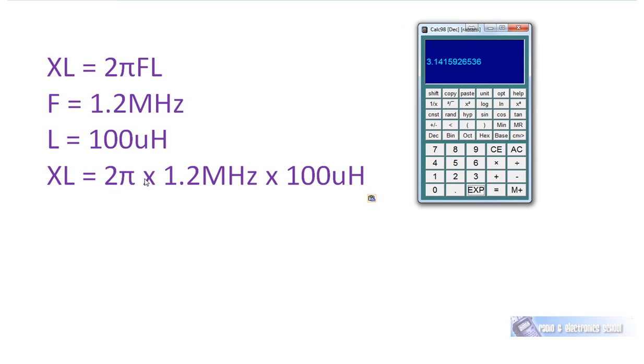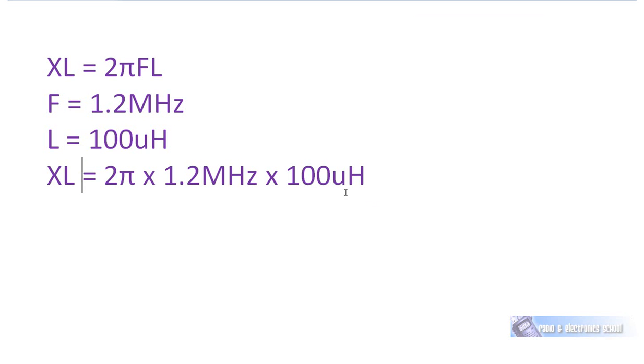So I've entered in 2 pi multiplied by, we've entered in the multiply, 1.2 megahertz, 1.2 exponent 6 is megahertz, multiplied by 100 microhenries, 100 exponent minus 6, equals, and it's approximately 754 ohms.